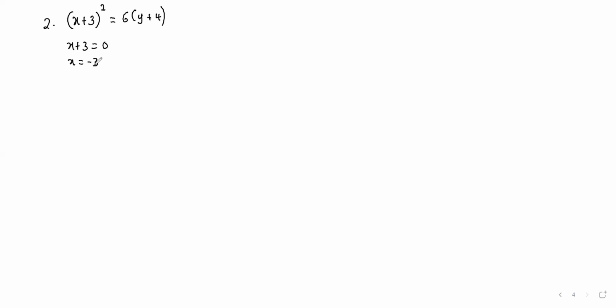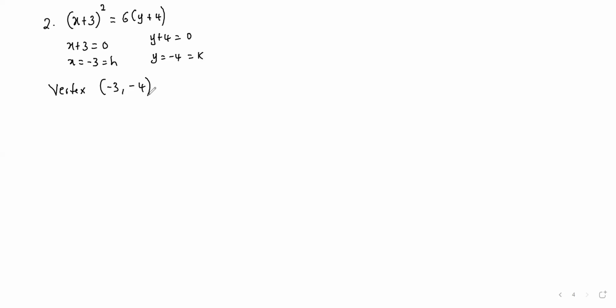So we know that on that line, we're going to have the focus and the vertex. So this is the h. Then now we look for k from this one. So k is -4. So we have found the vertex. So the vertex is at -3, -4.